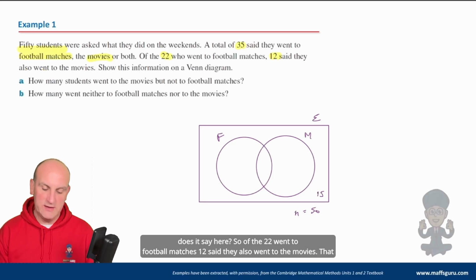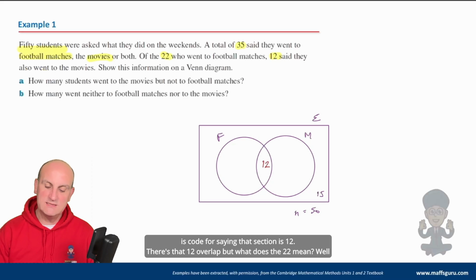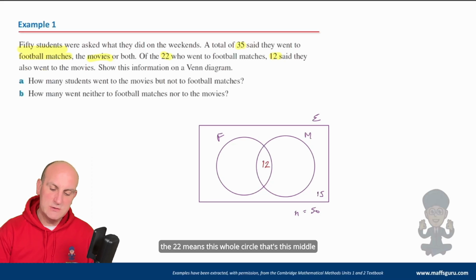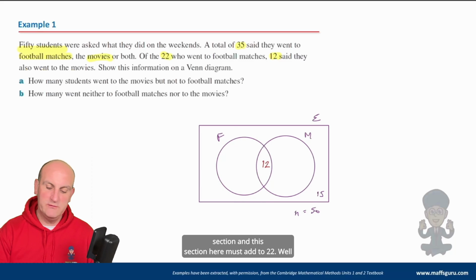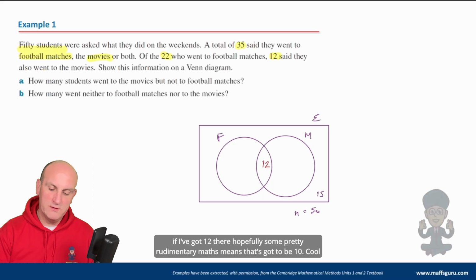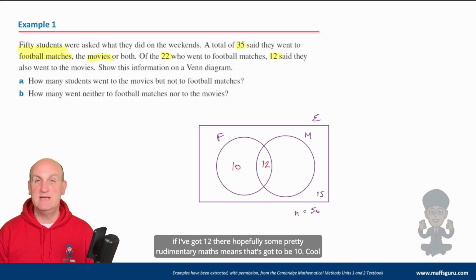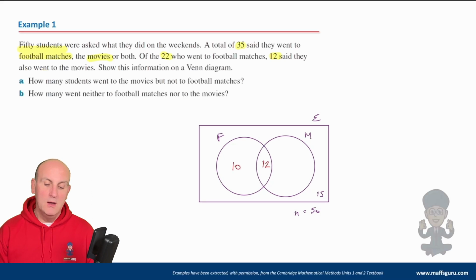All right, what does it say here? Of the 22 who went to football matches, 12 said they also went to the movies. That is code for saying that section is 12. There's that 12 overlap. But what does the 22 mean? Well, the 22 means that this whole circle, this middle section and this section here, must add to 22. If I've got 12 there, some rudimentary maths means that's got to be 10. Right.